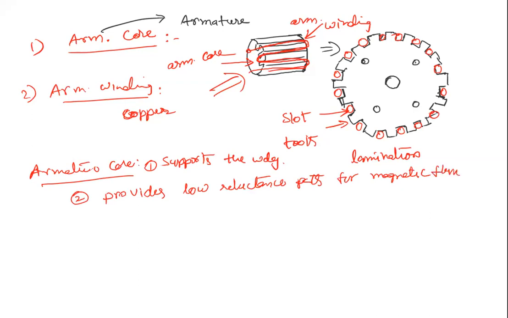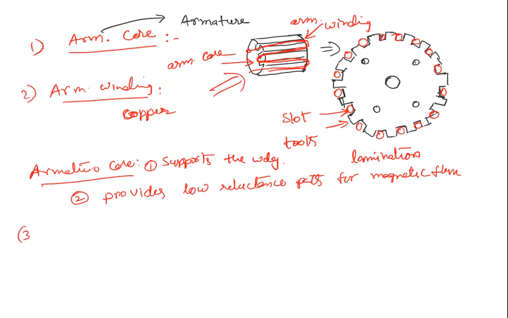We are going to produce magnetic flux inside of the machine with the help of field poles, right? Field poles are nothing but magnetic poles or electromagnets, right? So the armature core supports the winding, or inside it carries the slots in which we keep the armature winding.